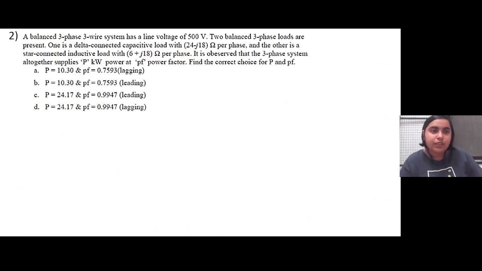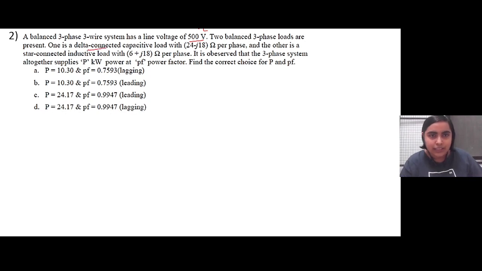For the next case, a circuit which has a three-phase, three-wire system with a line voltage of 500 volt is given. Now two balanced three-phase loads are present. So it's not just one load, two loads are present.